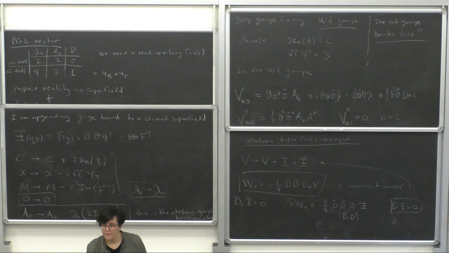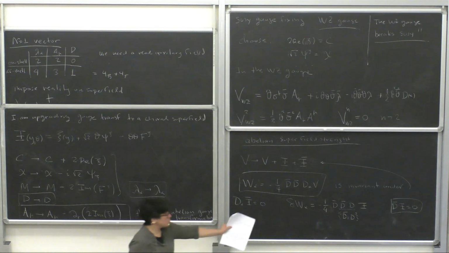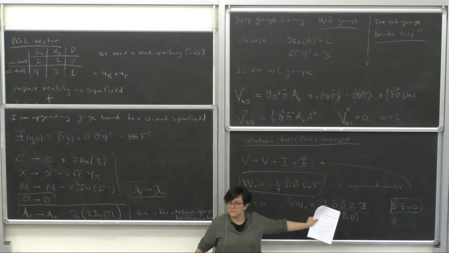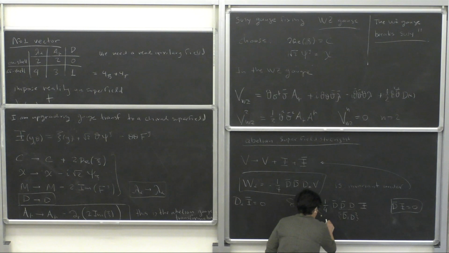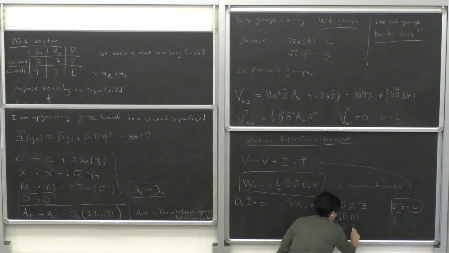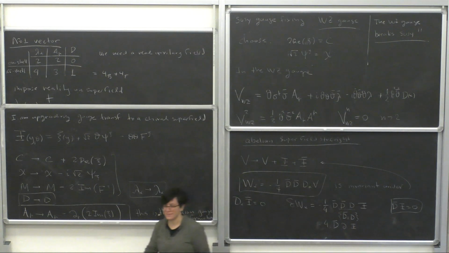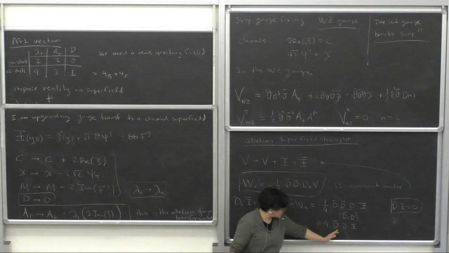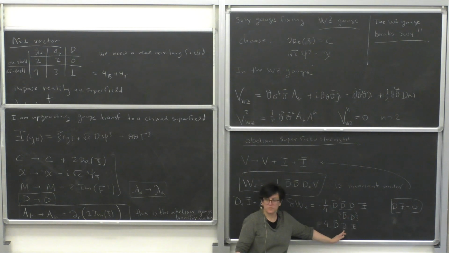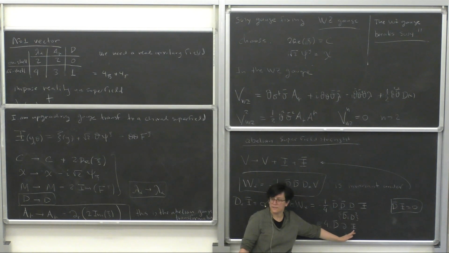Everyone agrees? But what is the anti-commutator of two d's? It's a derivative. Now I am dropping all the factors and indices. So I am having this d that went down, this anti-commutator is a derivative, and psi.